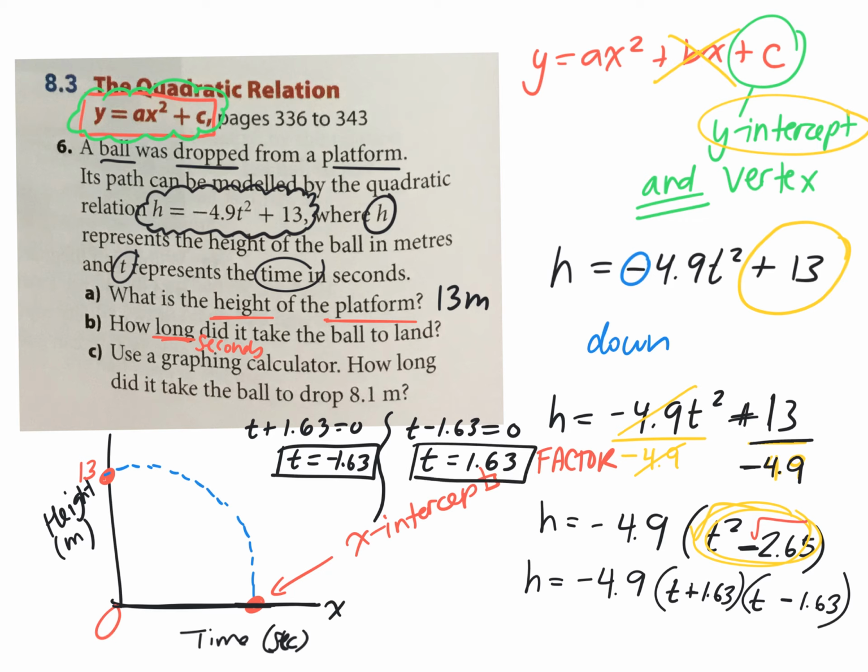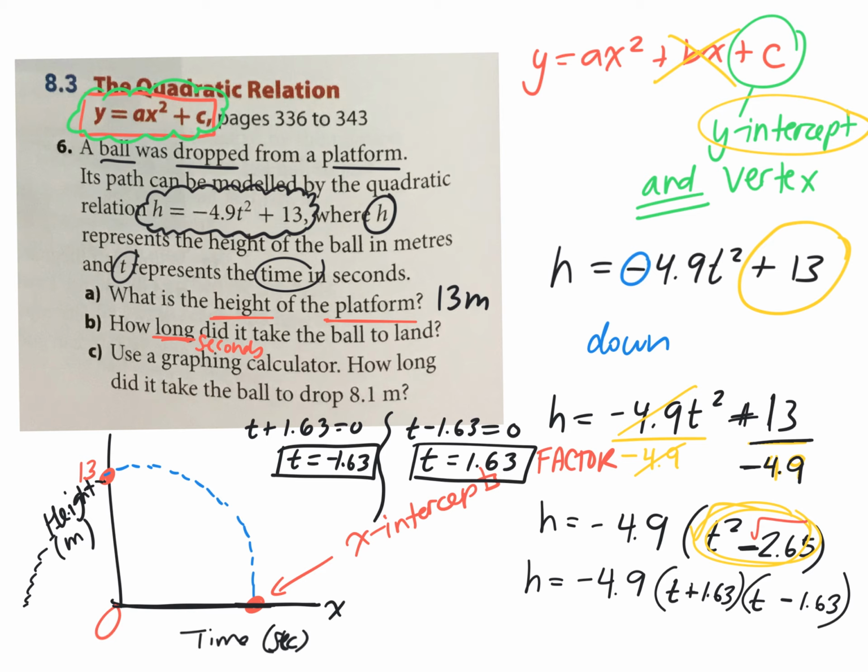Now, there are two x-intercepts as your answer, but only one of them makes sense in this question. Can you have a negative amount of time? Can I say, look here, the ball went back in time? Can you go back in time?